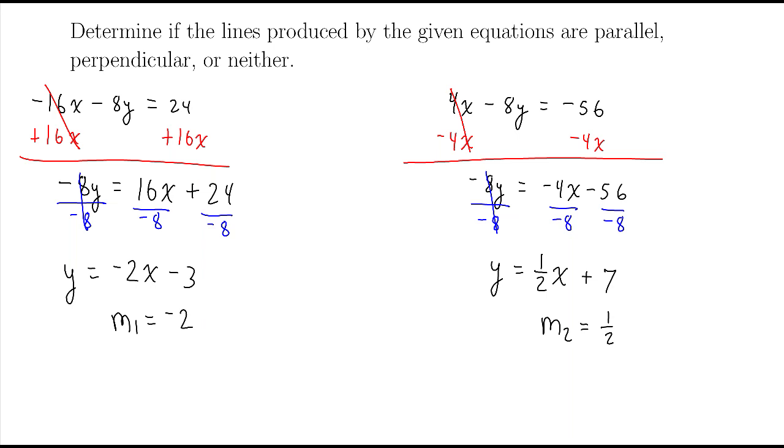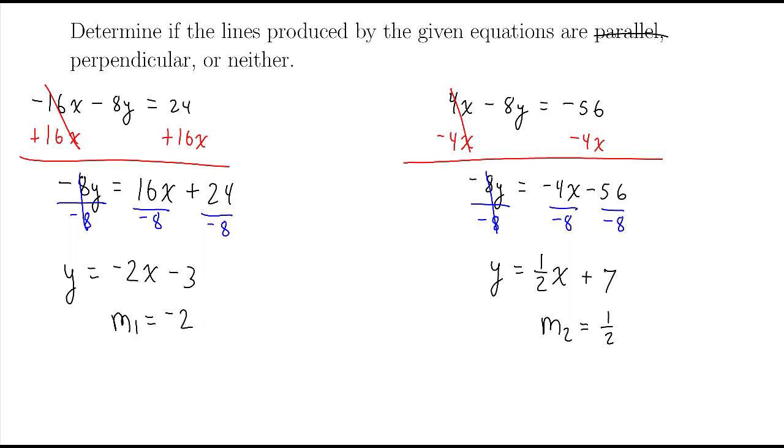Now they're not the same, so these are not parallel. We knew that already because we found an intersecting point, and if they're parallel, they don't have an intersecting point. Are they perpendicular? Okay, so to be perpendicular, they have to have opposite signs. Here we have a positive and here we have a negative, so that criterion is checked. Are they reciprocals?